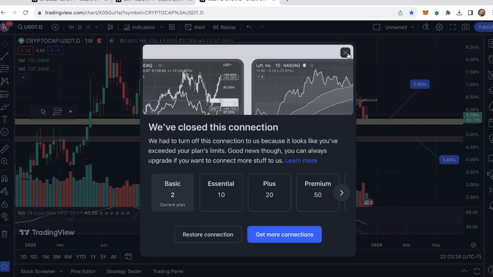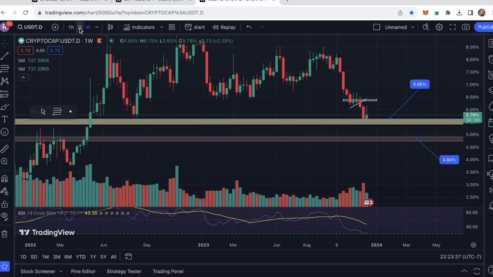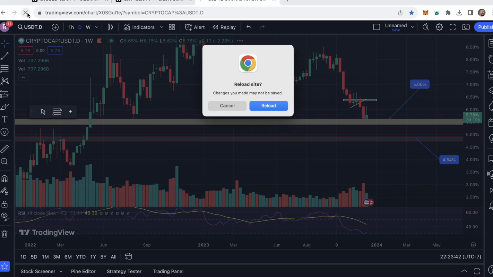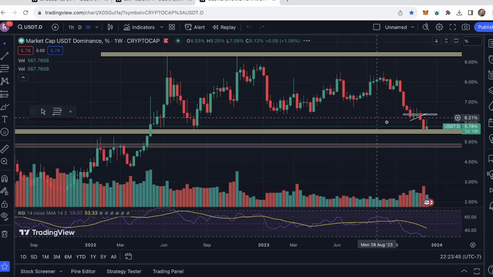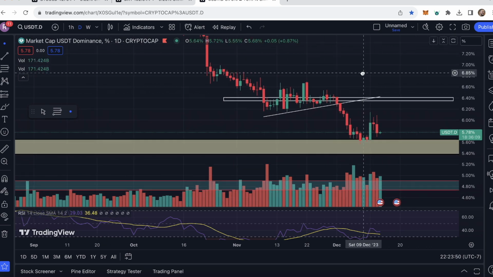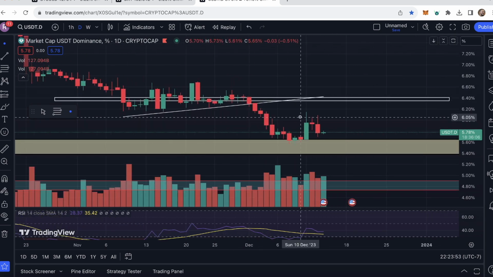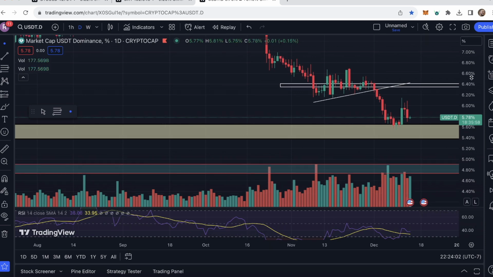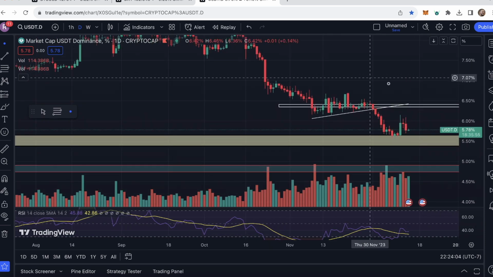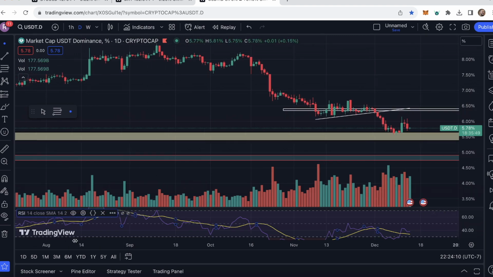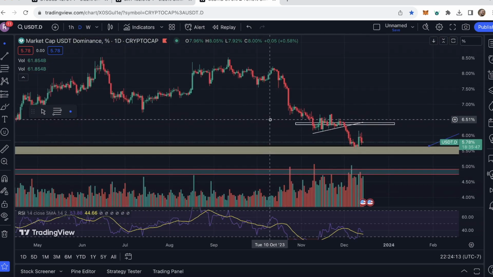And if we go to the USDT dominance, I've been telling you guys in my videos. Anyways, we're going to go to the daily chart, and as I said before, there is a chance that if it gets stopped around here, we're probably going to go back down and retest around this area. For the new subscribers and new viewers, if you don't know, USDT dominance is anything that converts to USDT.